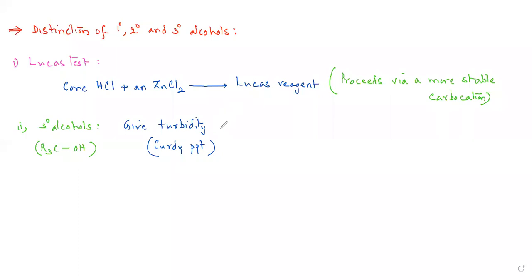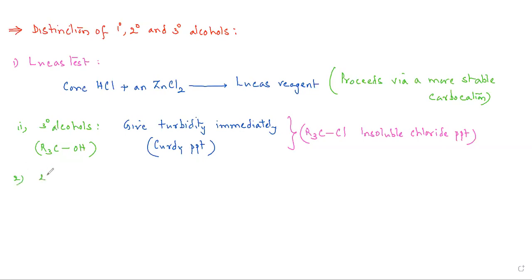Give turbidity immediate because they react fast. Because the 3 degree carbocation is most stable. And you know, in this case, we get R3CCl, a precipitate which is insoluble. Okay. Insoluble chloride precipitate is formed readily.